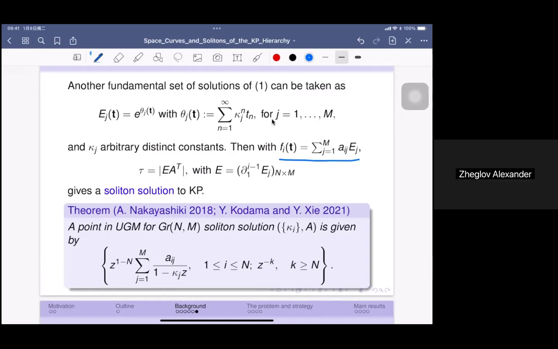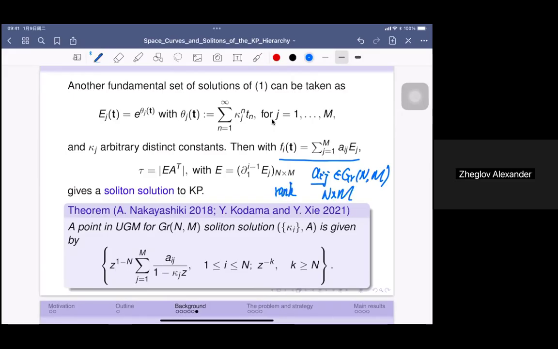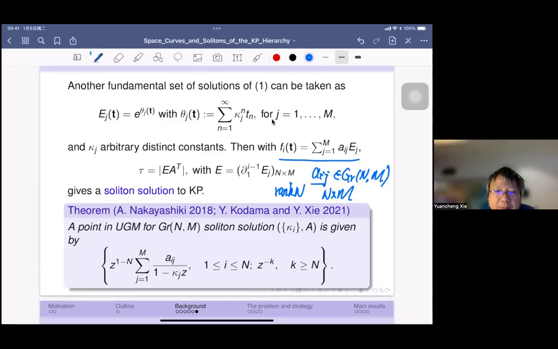Yes, arbitrary constants Aij belong to some Grassmannian. So it's a point from a Grassmannian. That means arbitrary Aij, that is n by m matrices that have rank n. I understand. And kappa j are also arbitrary, right? Kappa j are also arbitrary. Okay.